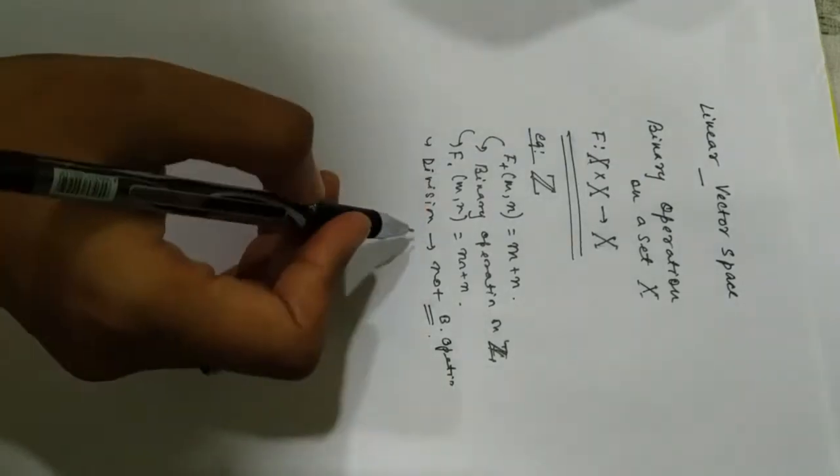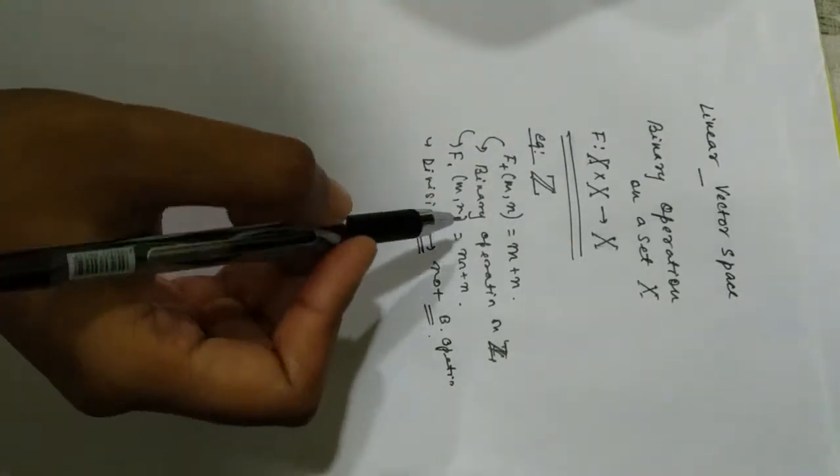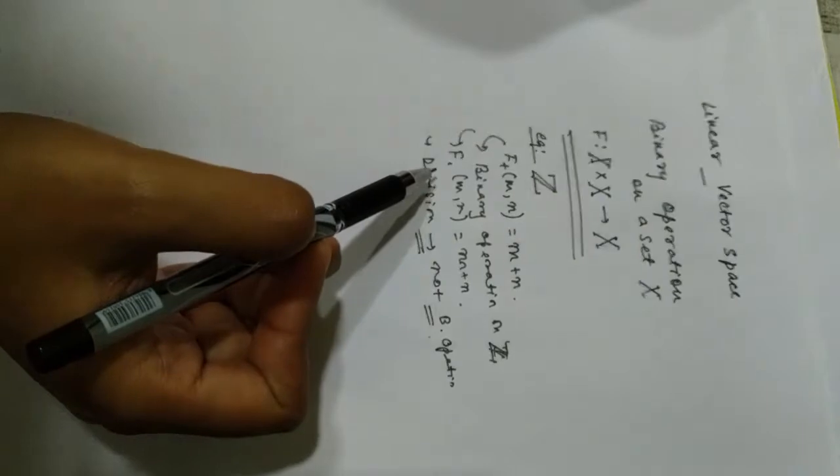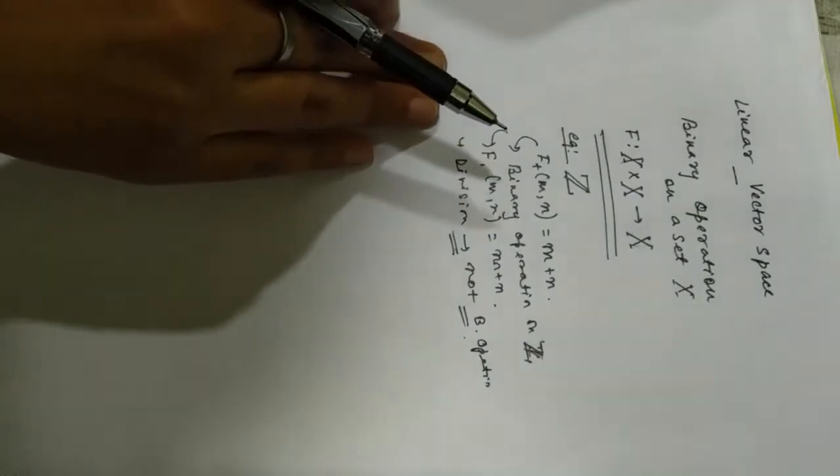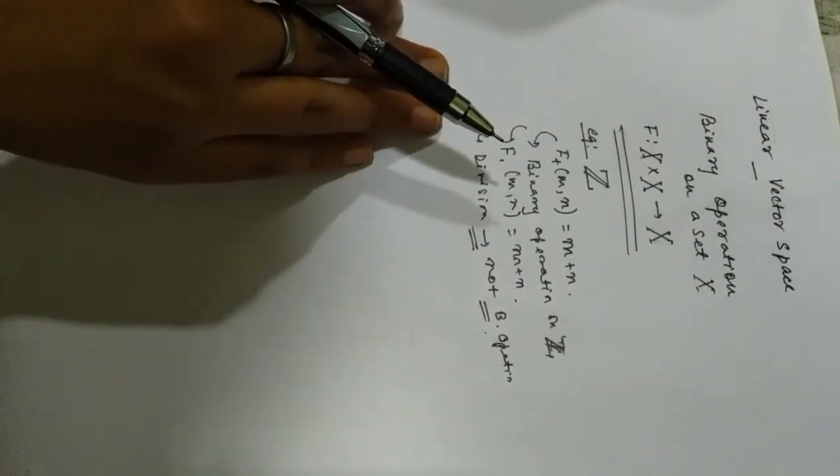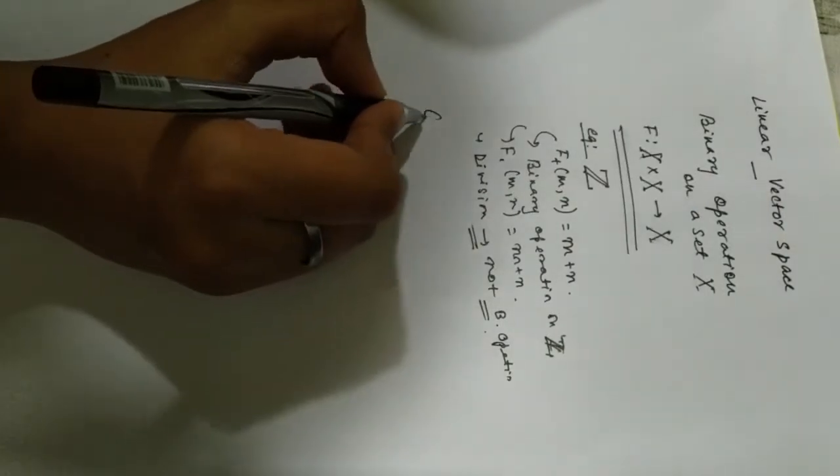So division is not a binary operation on integers, but multiplication and addition are. So this is what a binary operation means.